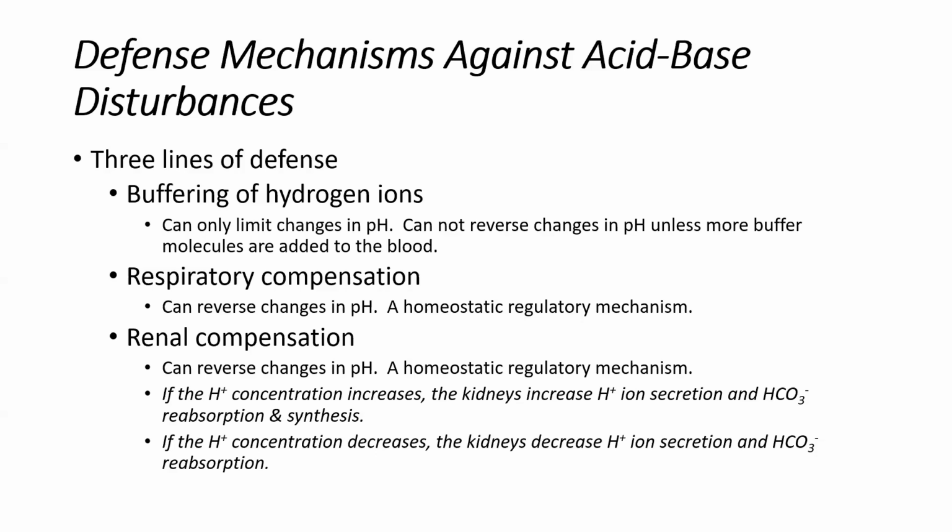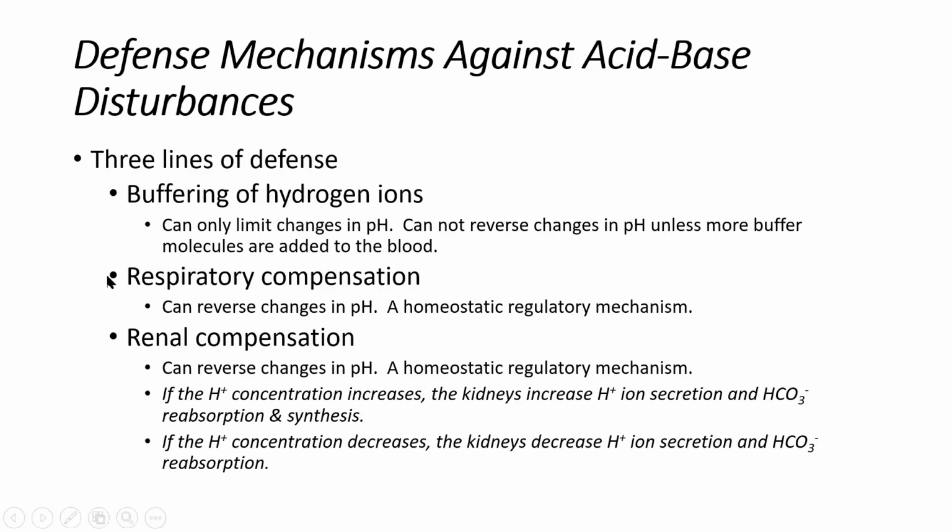The first one is going to be the lungs, which can reverse changes in the pH by changing our ventilation. This is what I talked about earlier. The lungs can kick in and compensate for any changes that are happening by appropriately regulating our ventilation, either increasing it or decreasing it to lose or hold on to more acid.